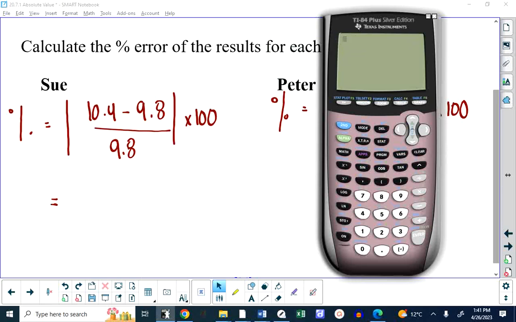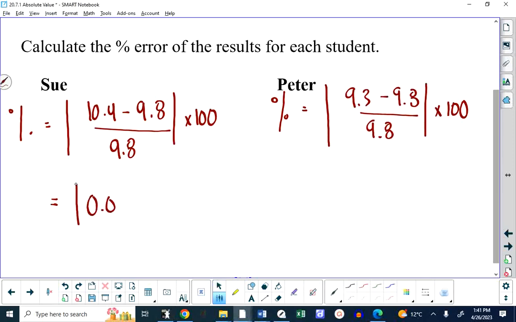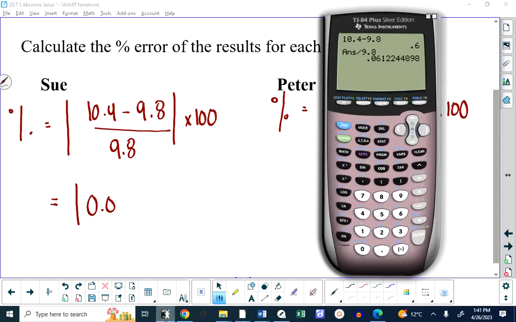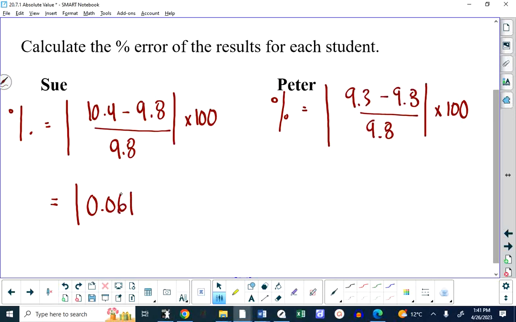Okay, I just want to do the inside. 10.4 minus 9.8, hit equals, unless you put that in brackets, divided by 9.8. And I get that number. And that's the absolute value of that times 100.